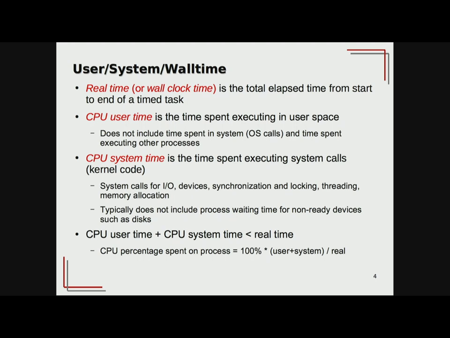And then the CPU system time is the time spent by the system itself to do operations on your code. Okay. Generally, and this is always true, CPU user time plus CPU system time is less than real time. And then you can have the CPU percentage spent on the process, that is generally equal to 100% times user time plus system time divided by real.